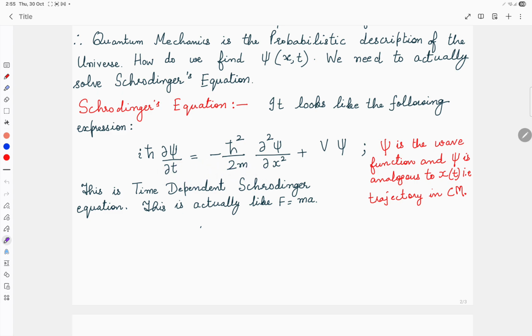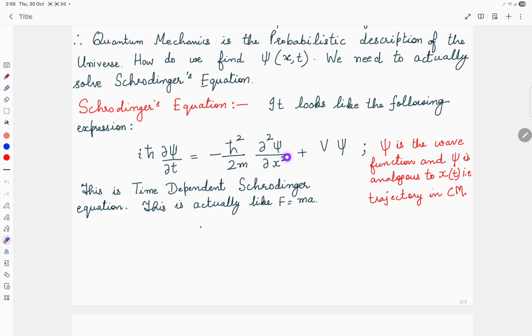This is the one-dimensional version of the Schrodinger equation, but if we use the other coordinates also, like x, y, z, all three, then with a little modification we can express the same equation as the Schrodinger equation for three dimensions.